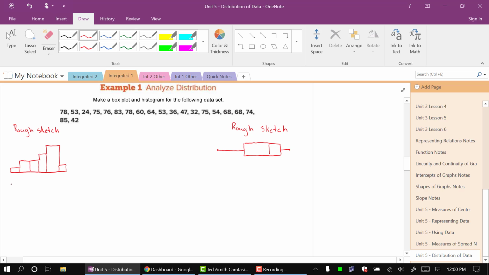So the histogram is higher on the right, and has a tail on the left.